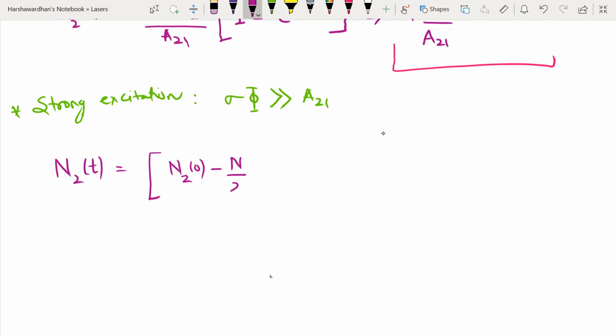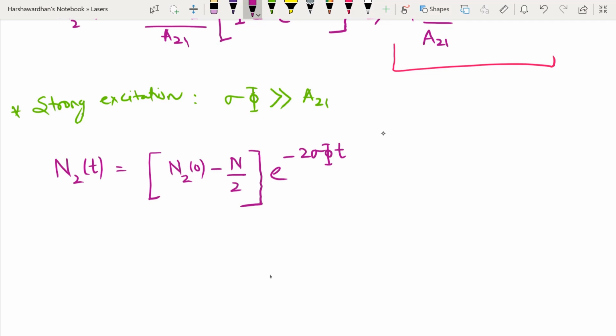And of course, this whole thing decays quite strongly because the decay coefficient is 2 sigma phi, which is the dominant coefficient here. So the larger the photon flux phi, the faster is going to be this decay.